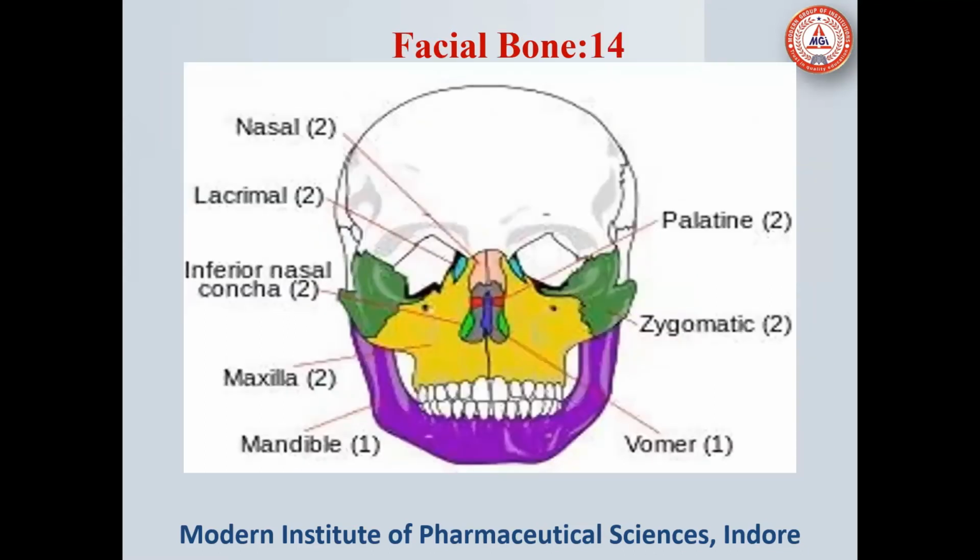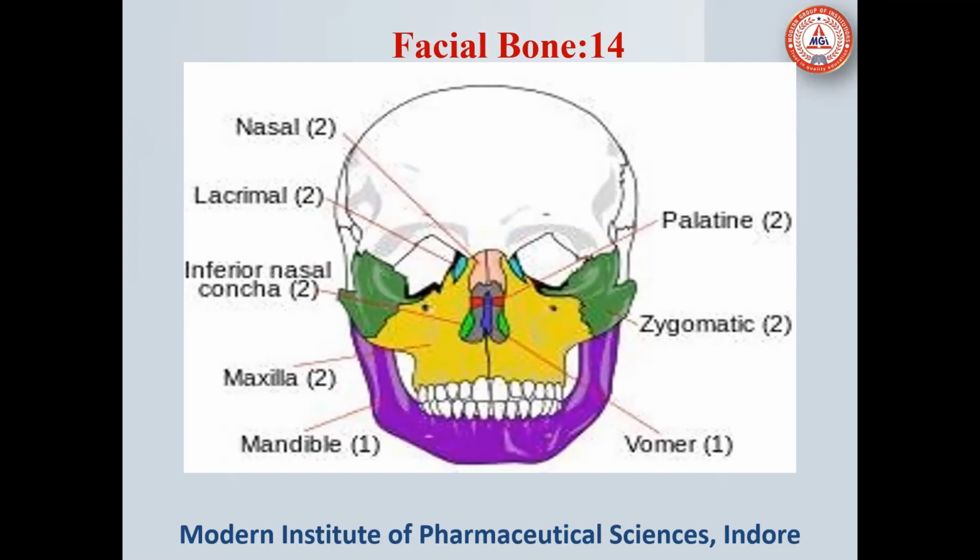Now, moving toward the facial bones, there are 14 facial bones. The skeleton of the face is formed by 13 bones in addition to the frontal bone already described.